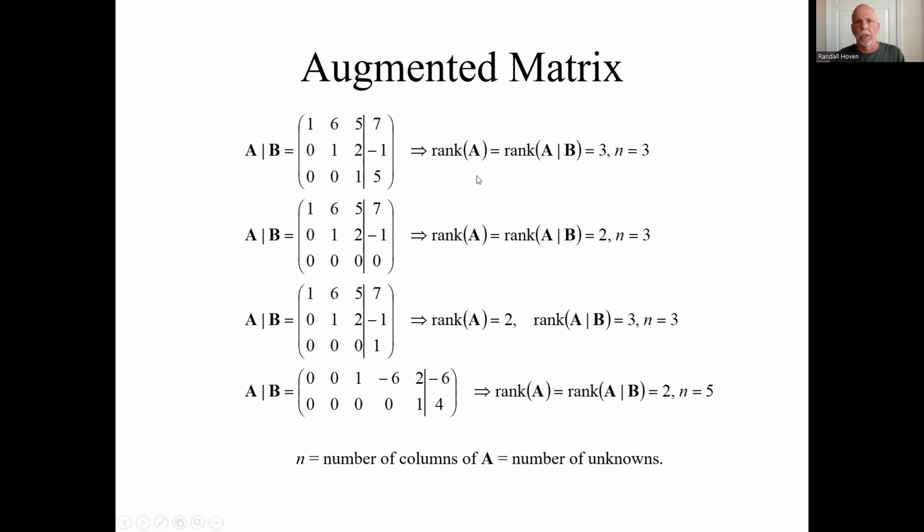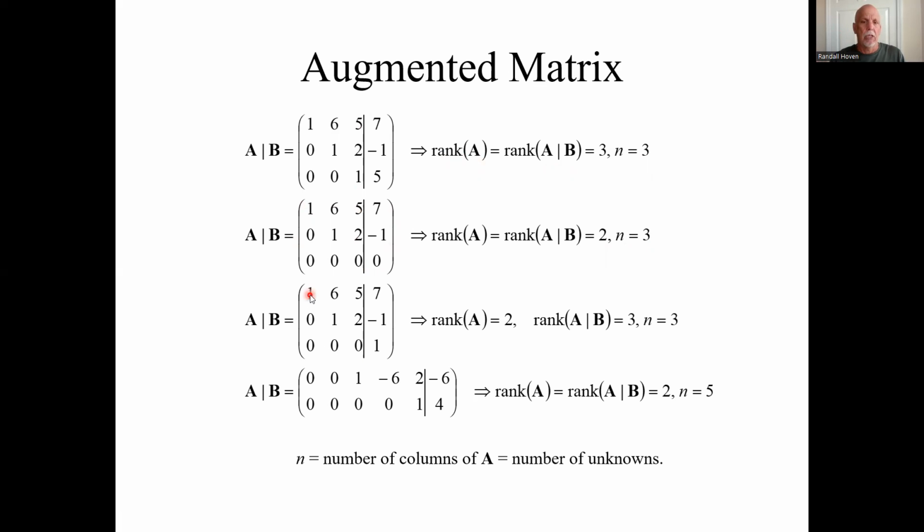N equals 3. So we want to calculate those 3 things for any augmented matrix. What about this? Rank of the A part is just 2. Rank of the whole augmented matrix is also 2. N again equals 3.